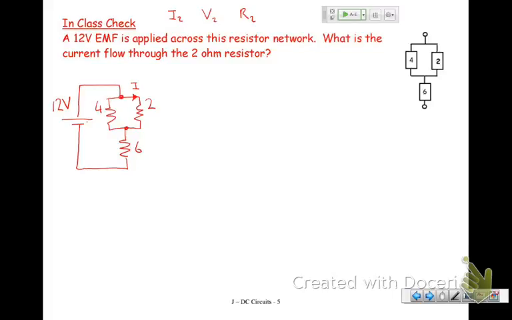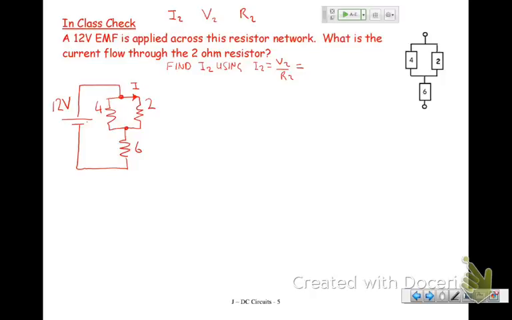So let's begin. I'm going to say find I2. That's what it wants, the current flow through the 2 ohm resistor, using I2 equals V2 over R2. Isn't that Ohm's law? V equals IR. Let's solve it.